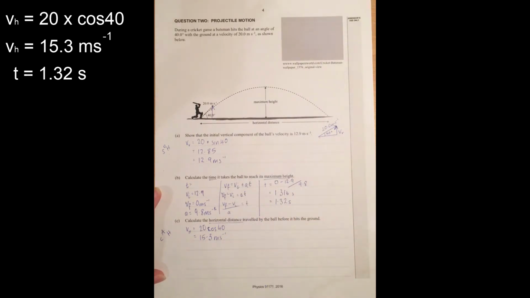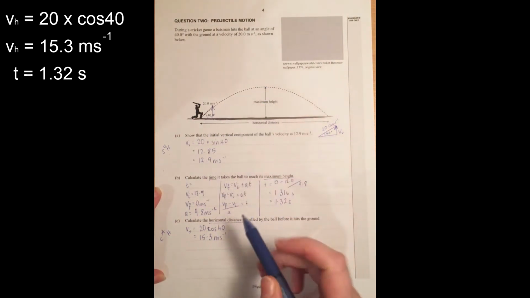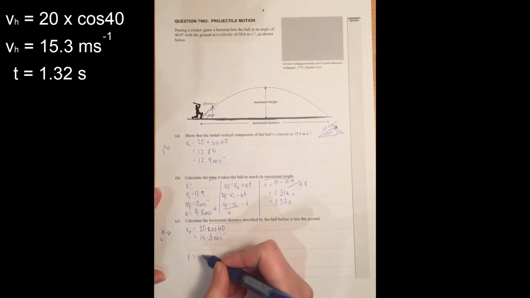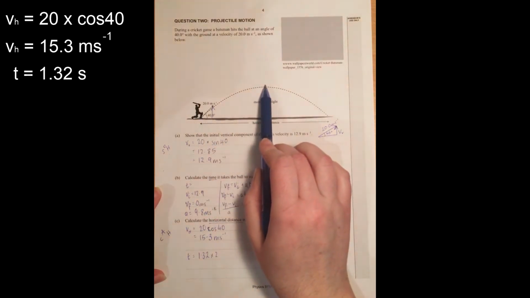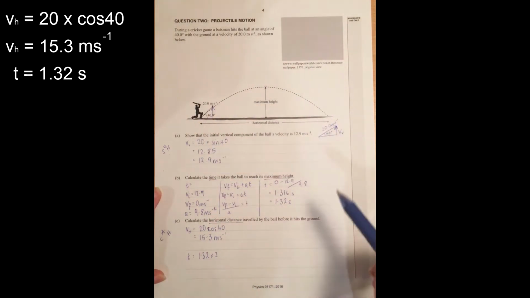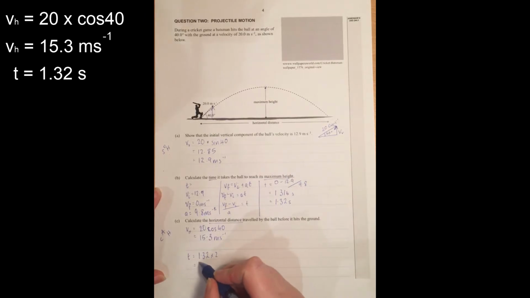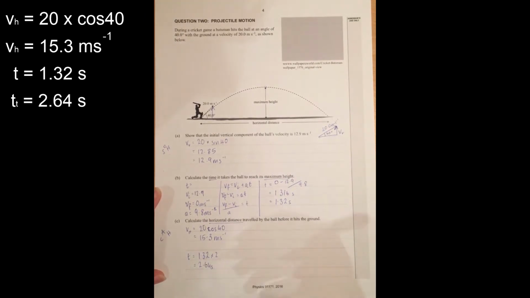So we can take this time here, 1.32 seconds, from the bat to the top, and times it by 2. So we go back to the top and top to the ground, and that's going to give us 2.64 seconds for our total time.